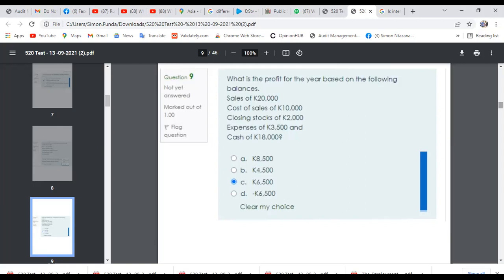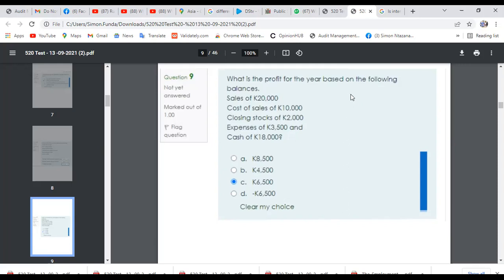Okay, so to find the profit, we are supposed to use the profit and loss account or the statement of financial position account. Okay, so if you go to the statement of income or comprehensive income or the profit and loss, usually you're going to have first of all the sales.